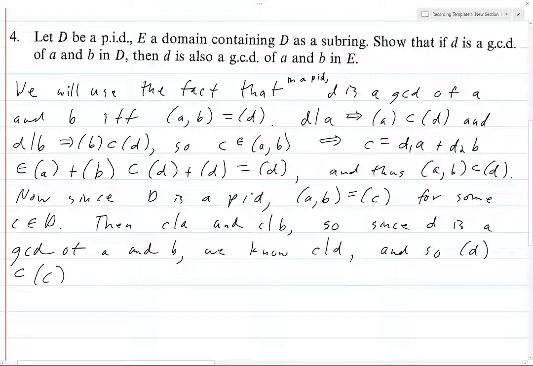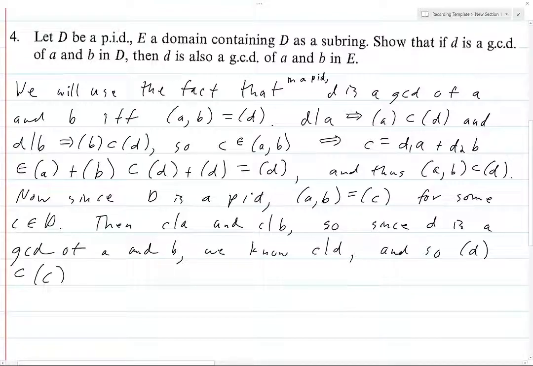Remember, if C divides D, then the ideal generated by D is contained in the ideal generated by C. That should be automatic for you, and it's pretty easy to convince yourself of that.